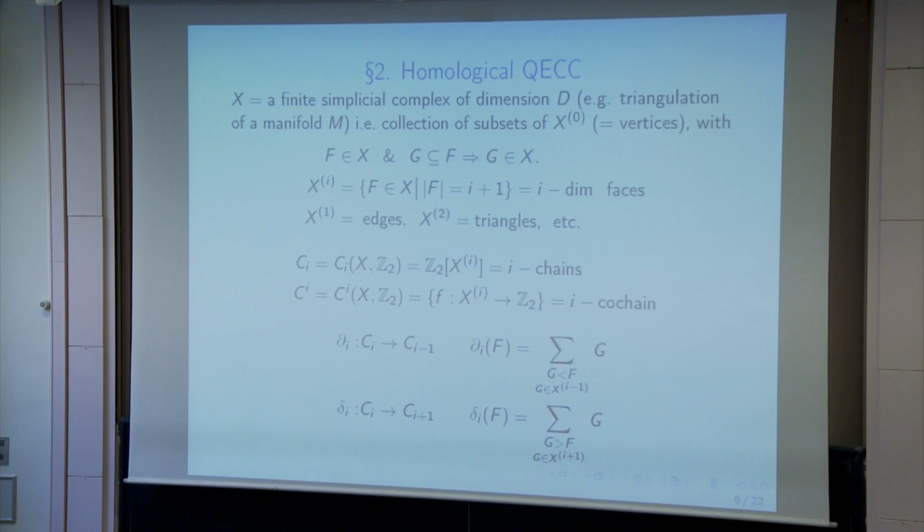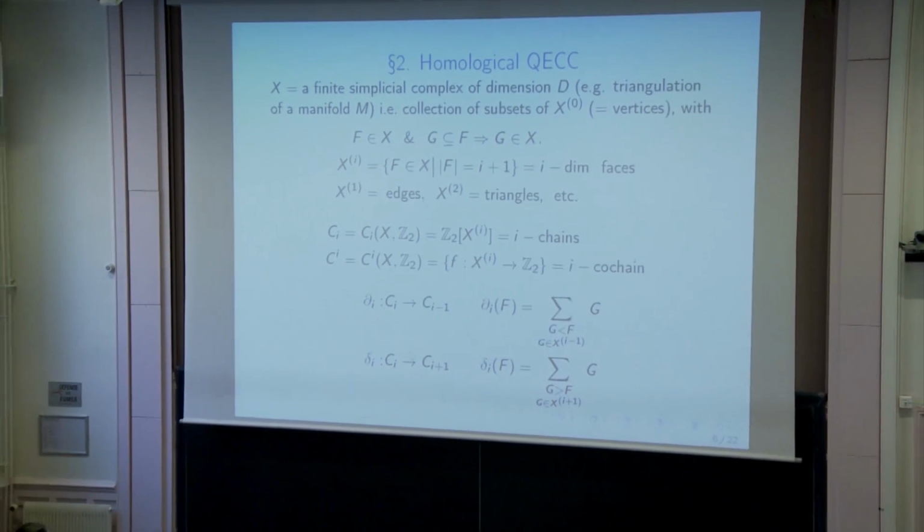As usual, we will write Ci for the i-chains, namely the vector space over Z2, everything over Z2, spanned by the i-simplices, and C upper i for the quotient, the functions. But it will be very convenient in this talk to confuse the two. So don't bother to remember which one is the upper, which one is the lower. Just think either of a chain or of a cochain as a subset of the i-simplices, because either you take it as a vector spanned by them, or you take it as a function, the characteristic function of a set.